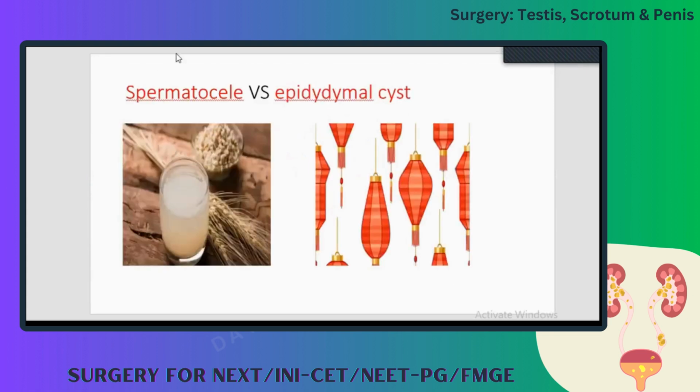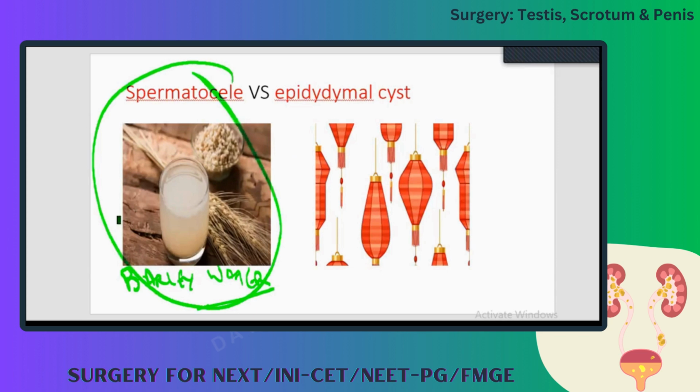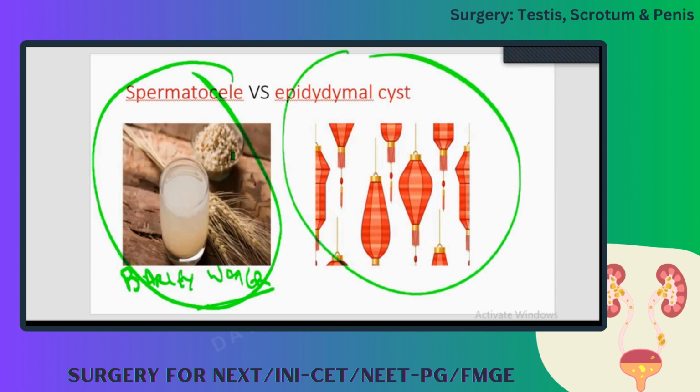And this is important. This is the rice water, barley water appearance. Barley water appearance is seen in spermatocele. Can anybody tell me what this appearance is? Chinese lantern. Chinese lantern pattern is seen in epididymal cyst.